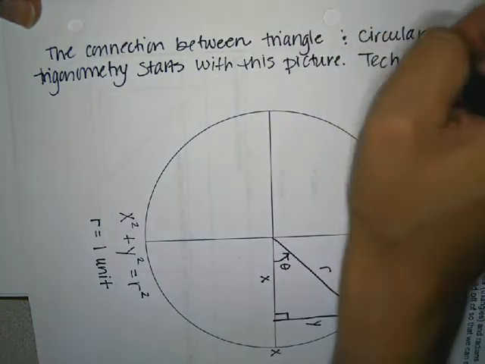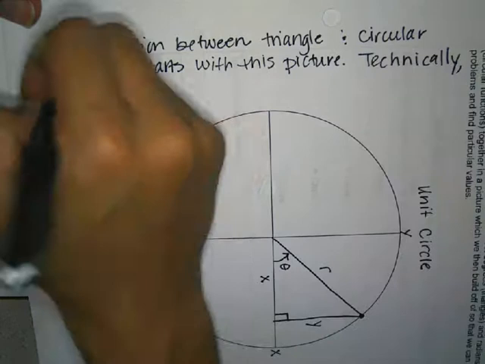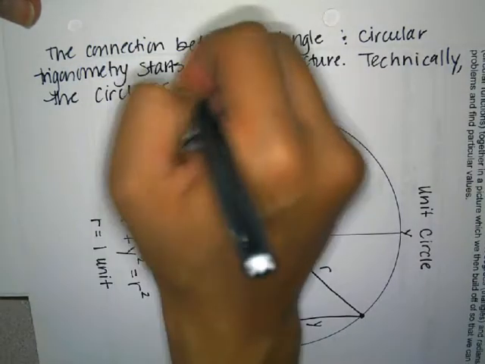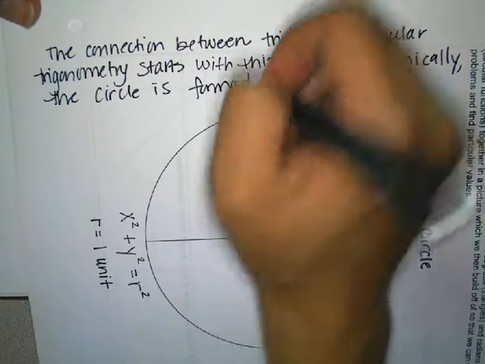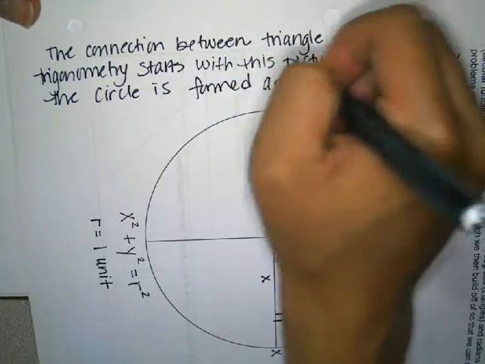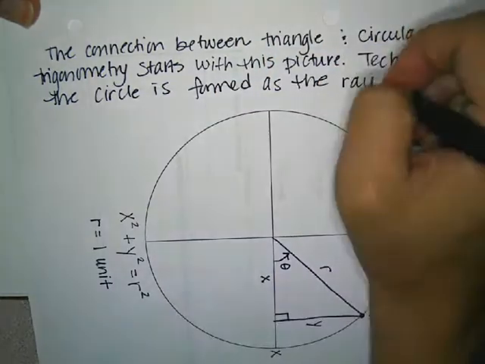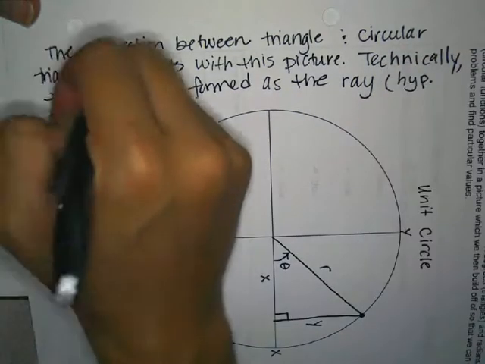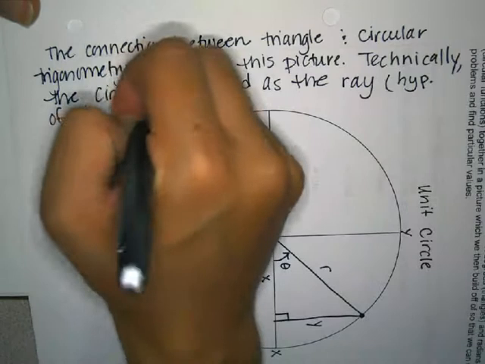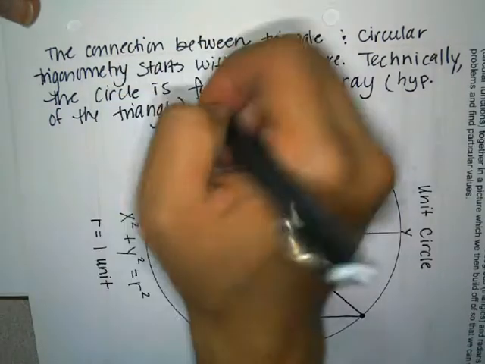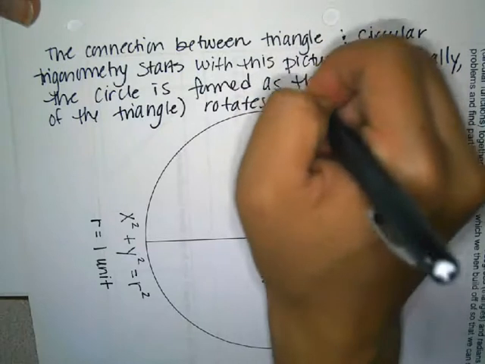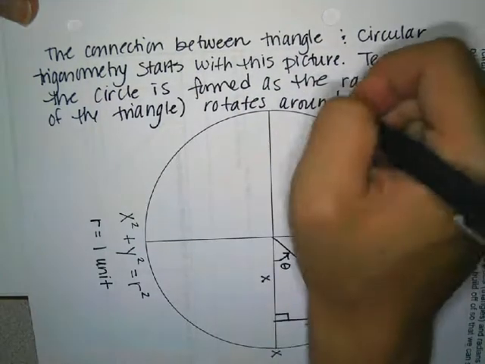Technically, the circle is formed as the ray, which is the hypotenuse of the triangle, rotates around the origin.